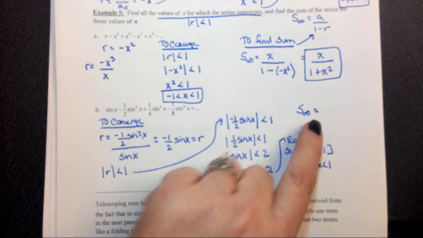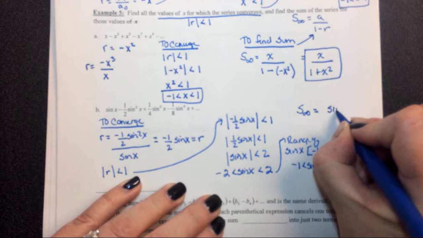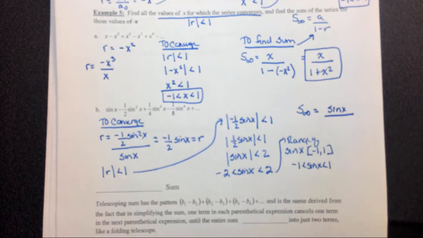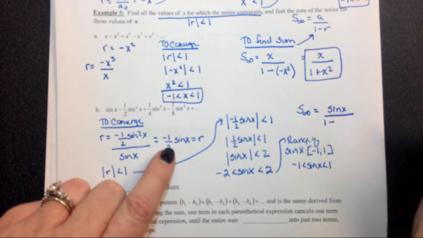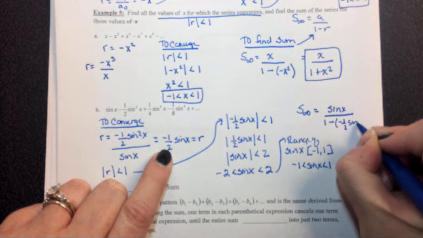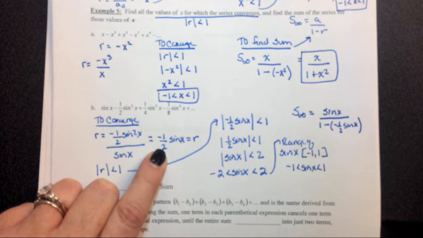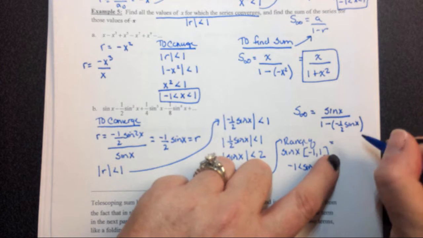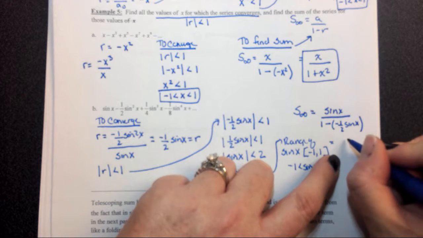So what was the first term here? The first term was sine x, over 1 minus the common ratio. The common ratio was negative 1/2 sine of x. So if I clean this up and simplify my complex fraction, what would I multiply everything by? Multiply everything by 2.